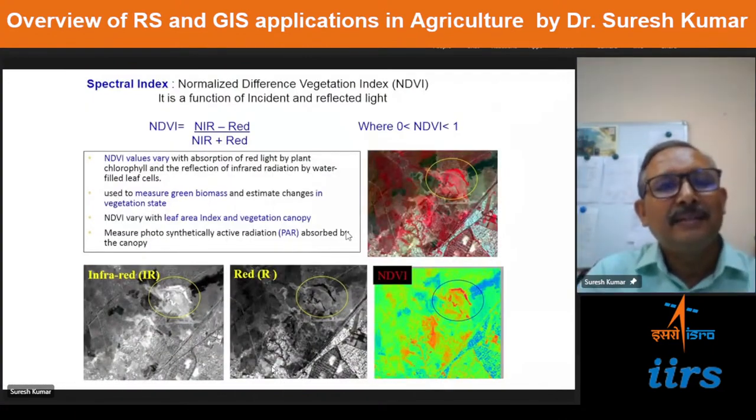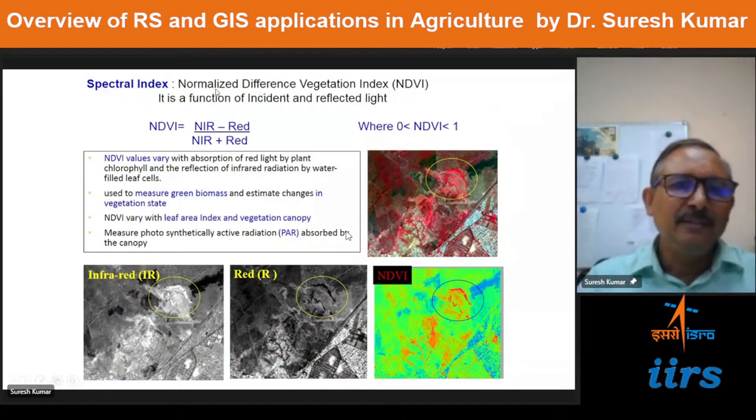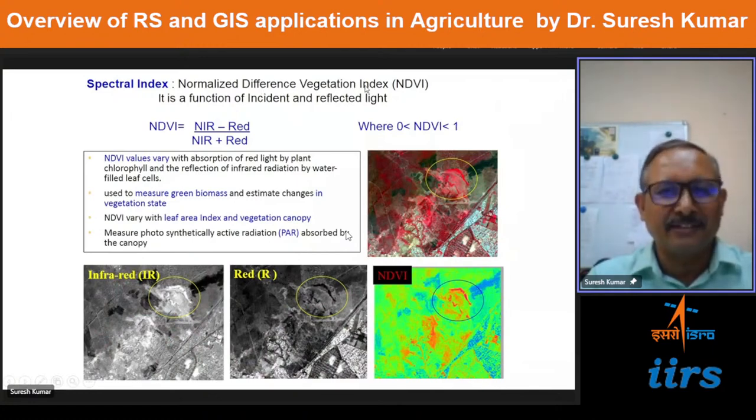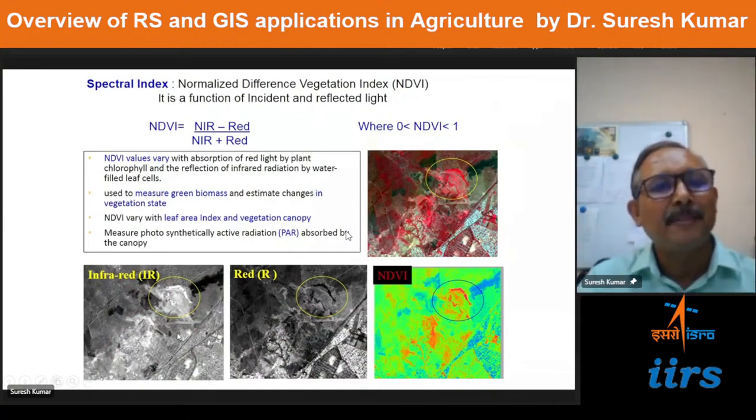Another index we use for studying vegetation, very commonly in the world or globally, is the normalized difference vegetation index. We call it NDVI. NDVI can be calculated using the red band image and the near infrared band image. I showed you in the previous slide that the individual red band appears in black and white.